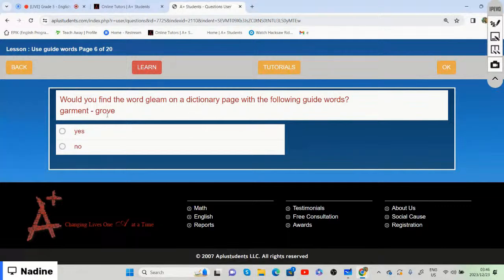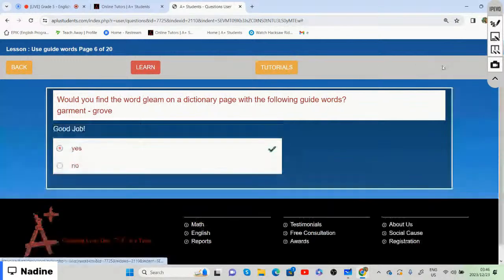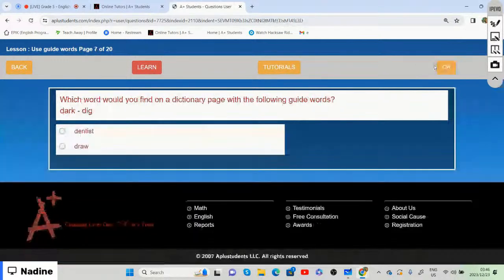Do we find gleam in between garment and grove? So gleam is GL, garment is GA, grove is GR. So yes, we will find gleam in between garment and grove. And yes is correct.